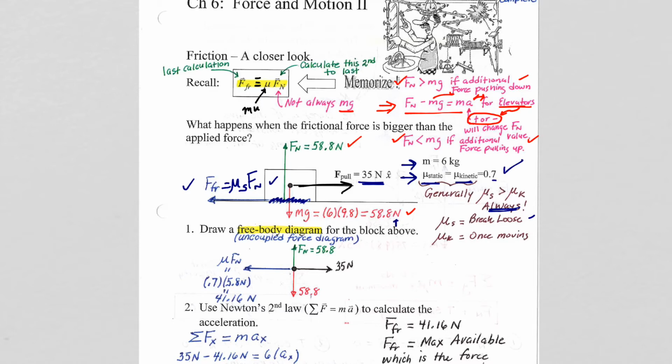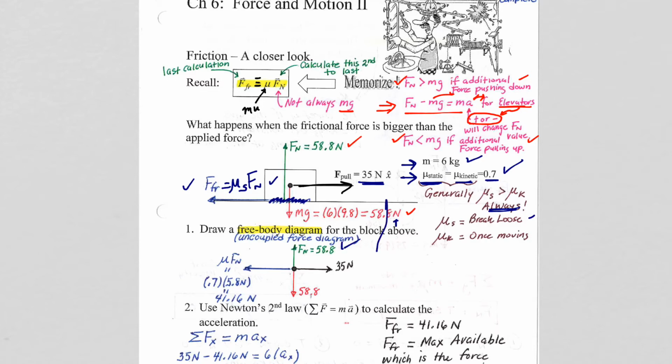It's 0.7. Normally when you break the box loose, the coefficient of friction does reduce slightly. It might go from 0.7 to 0.6. But in this case, we're just going to use 0.7. We were given our 6 kilogram mass, so we have a 58.8 Newton normal force.